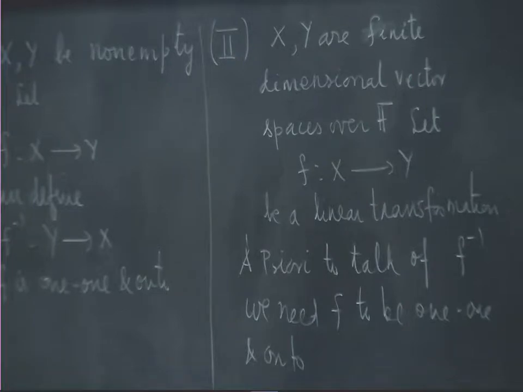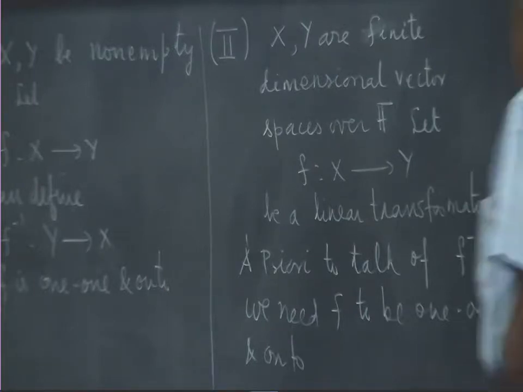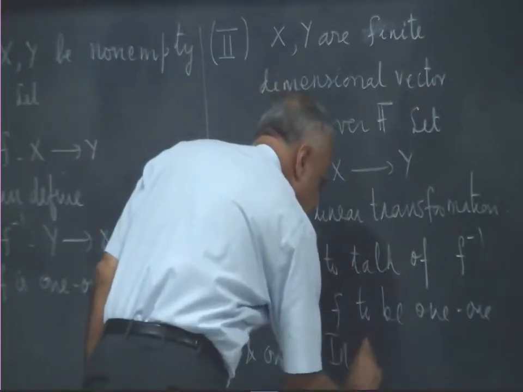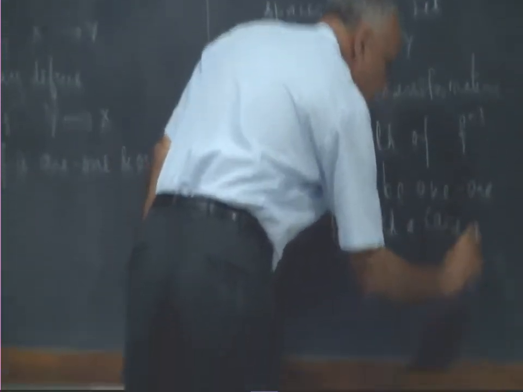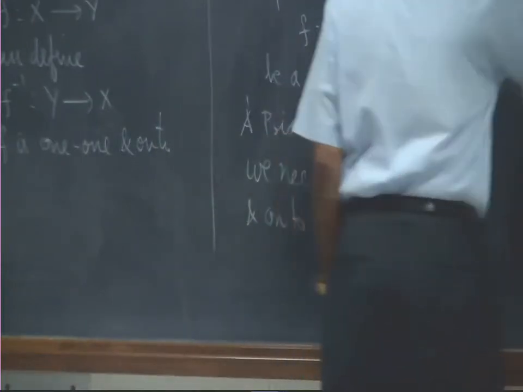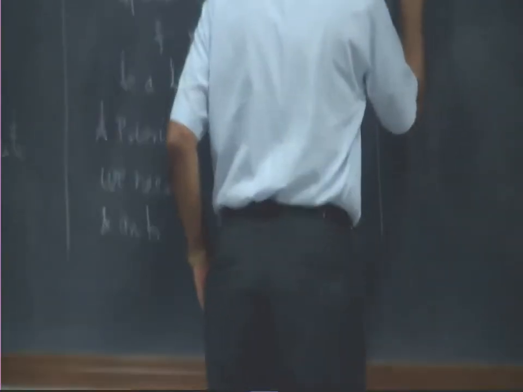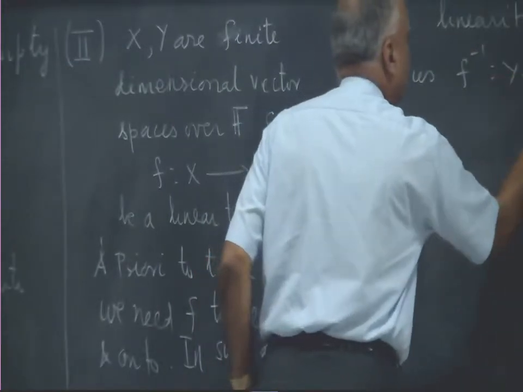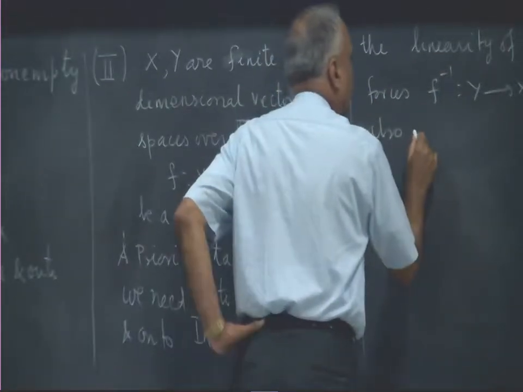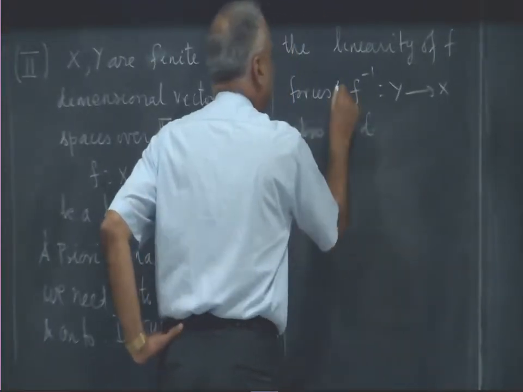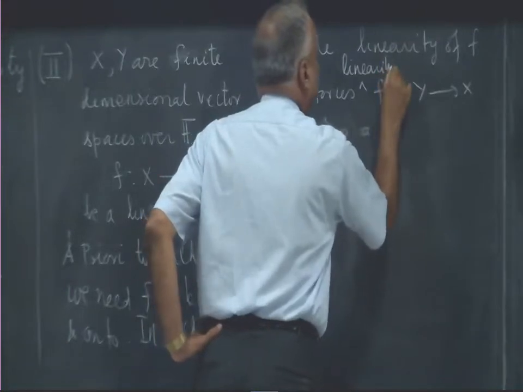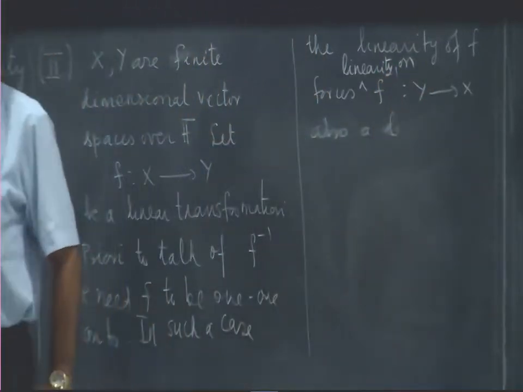If we have a one-one onto map, then the inverse is defined, and the linearity of f forces the inverse also to be a linear transformation from Y to X. So automatically it is given to you.